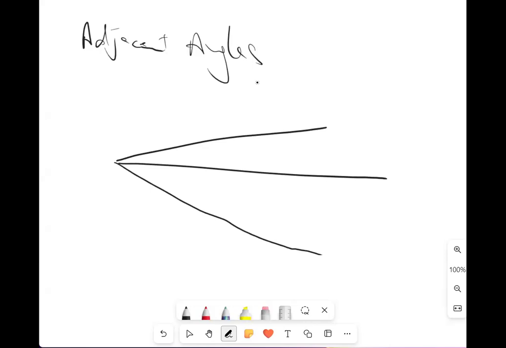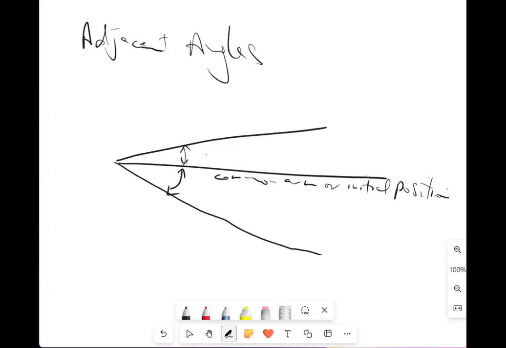If there's an angle here, this is like a common arm, or initial position. And an angle is formed here, and another angle is there.